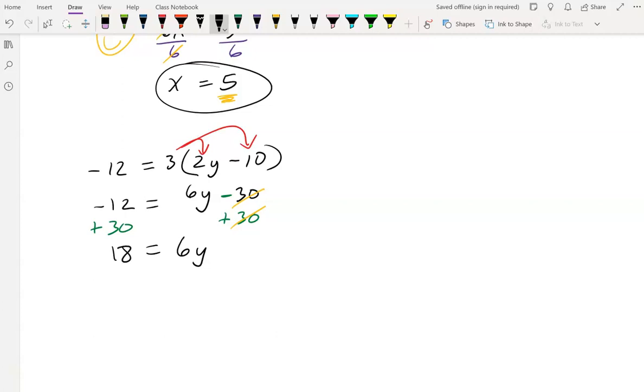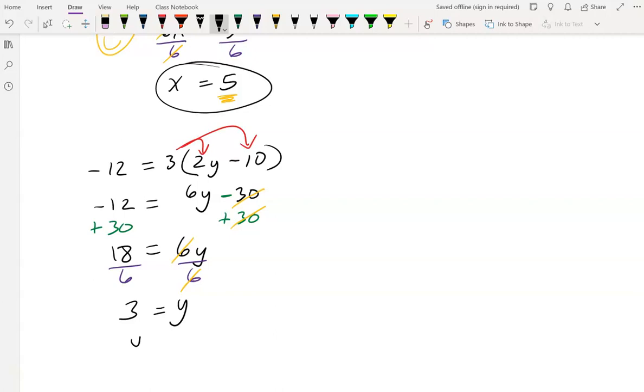Okay, and now I'm going to undo the multiplication that I see by dividing by the coefficient, the 6. And when I do that, these two 6's cancel each other out, and I am left with just y here, and 18 divided by 6 is 3.